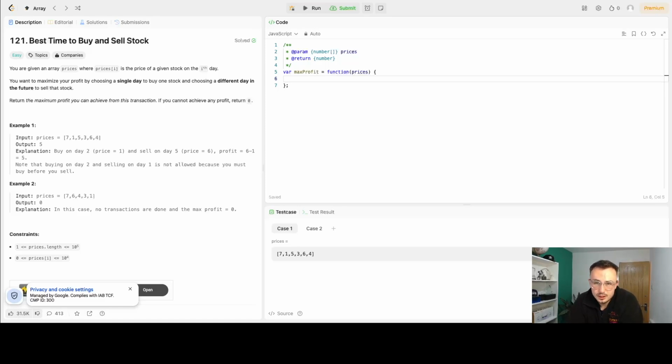So I think one of the first things that I'd be asking in this scenario is, are we always getting an input? Will we always have at least a single price? So that's what I'd ask the interviewer. It's the first question, and it often is when I'm working with arrays. Second would be, can we have negative prices?